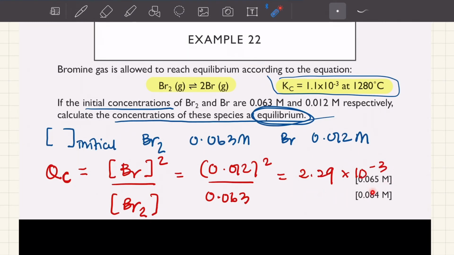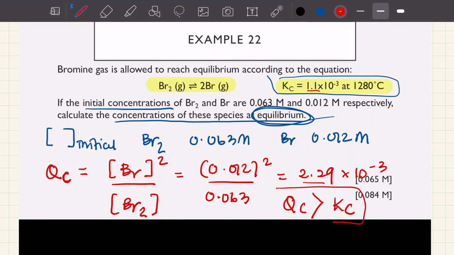Initially your reaction punya constant at that time is 2.29 times 10 minus 3, while your Kc is 1.1 times 10 minus 3. So right now what you can conclude is your Qc ke Kc lagi besar. So right now your Qc is bigger than Kc, right? So ini 2.29, ini 1.1 je.